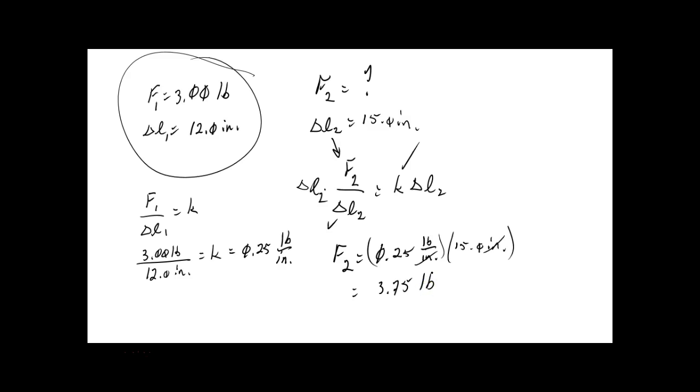Check me on my math. I'm doing it in my head. Wait a minute. Oh, no. I was looking at the wrong problem. Whew. Yes, 3.75 pounds. I said, how could I be off that much? Okay. Make sense?